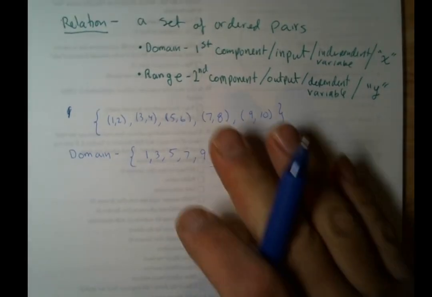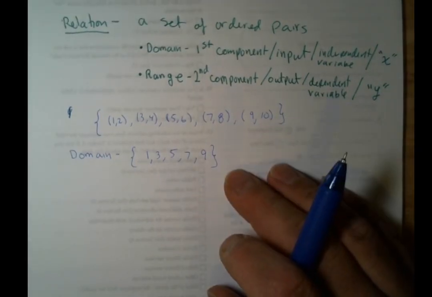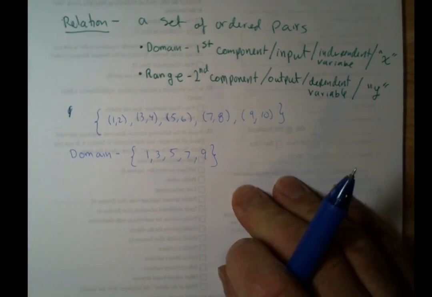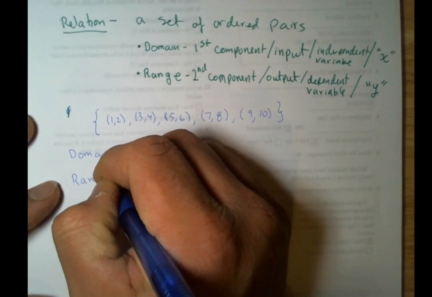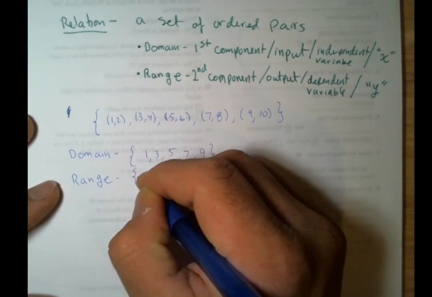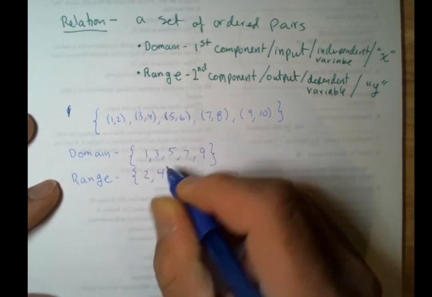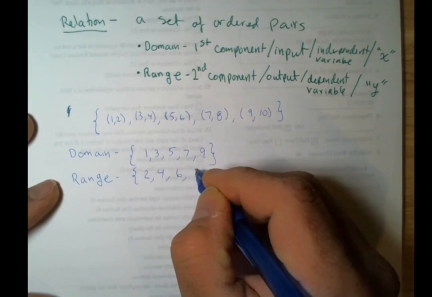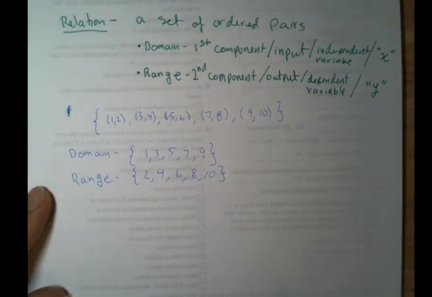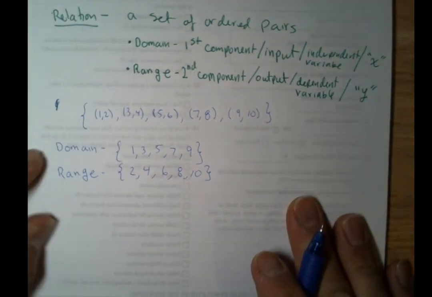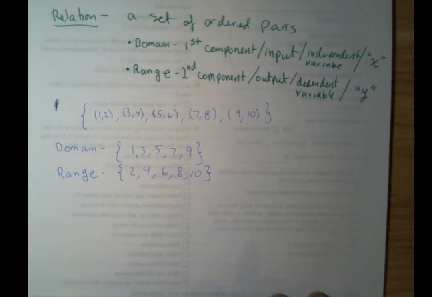Again, there are 5 elements here, one from each of our ordered pairs. Now the range is the second component, so that would be 2, 4, 6, 8, and 10. That would be our range.